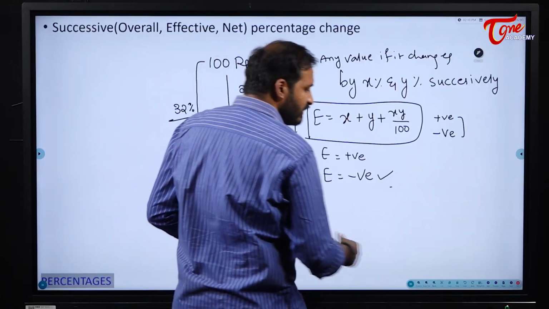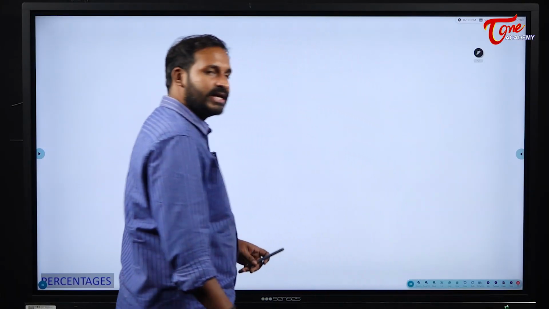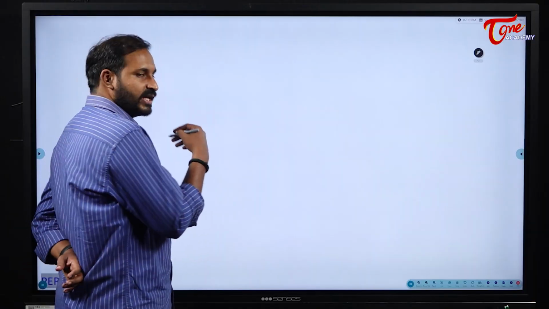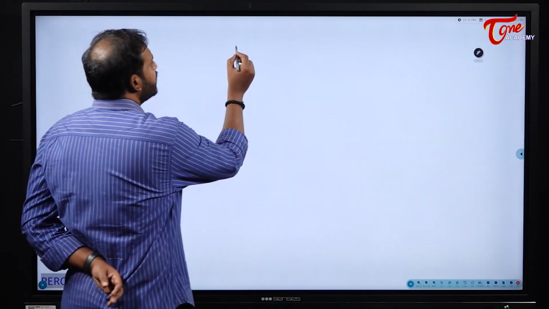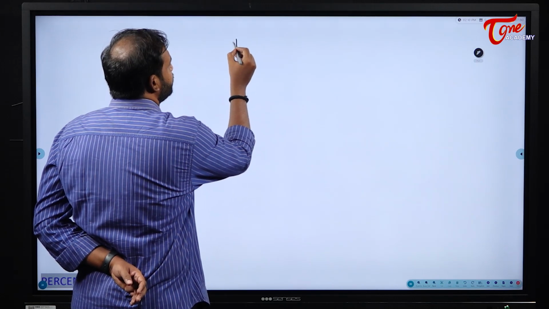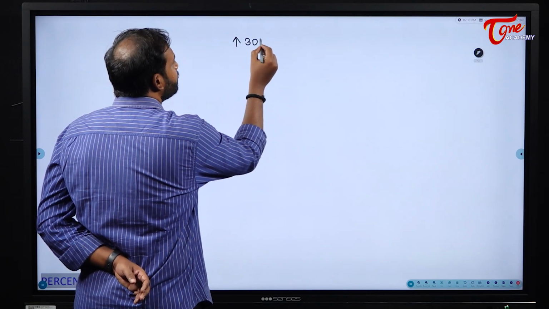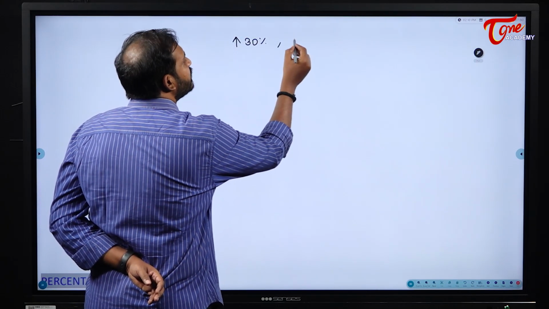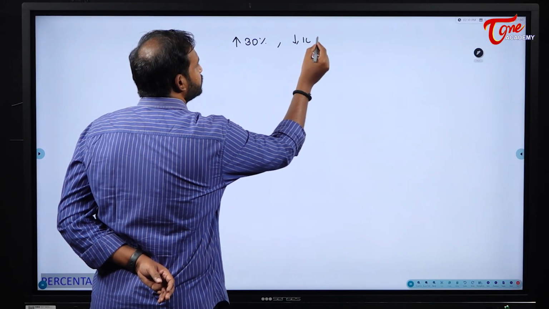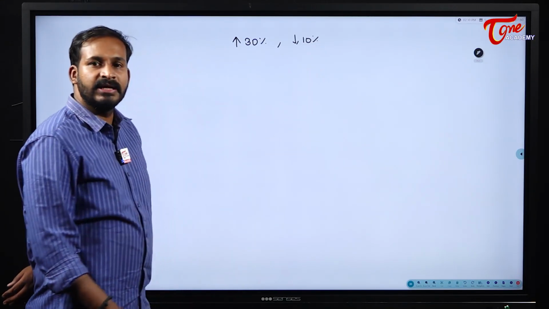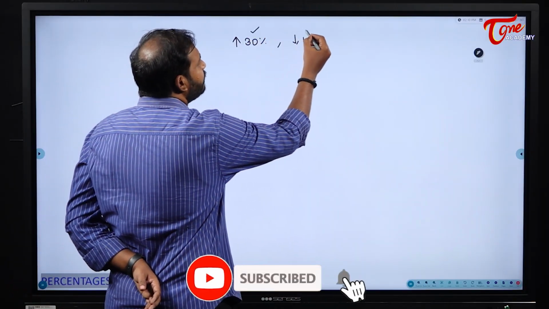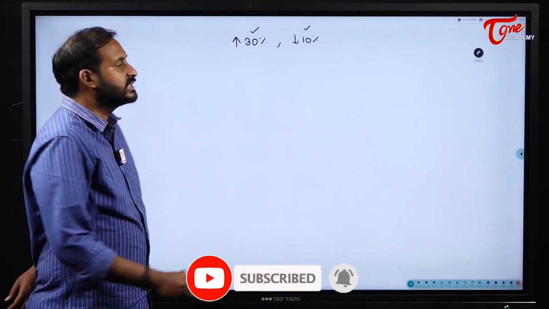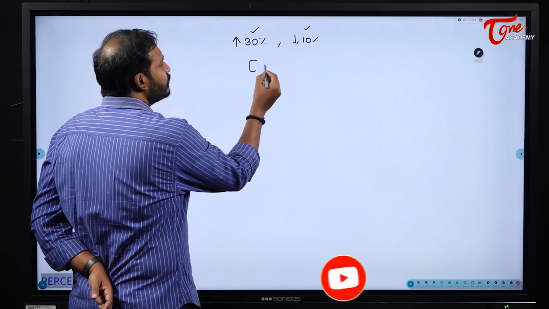Where do we see these positive and negative values? Please see here. For example, if an article's price was initially increased by 30% and then the shopkeeper gave a discount of 10%. That means a 30% increment and a 10% decrement. In this case, what is the effective percentage formula?